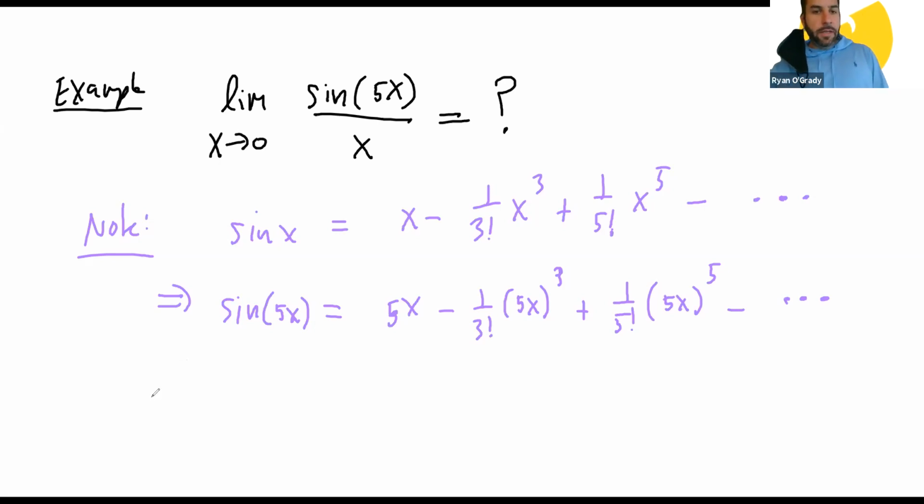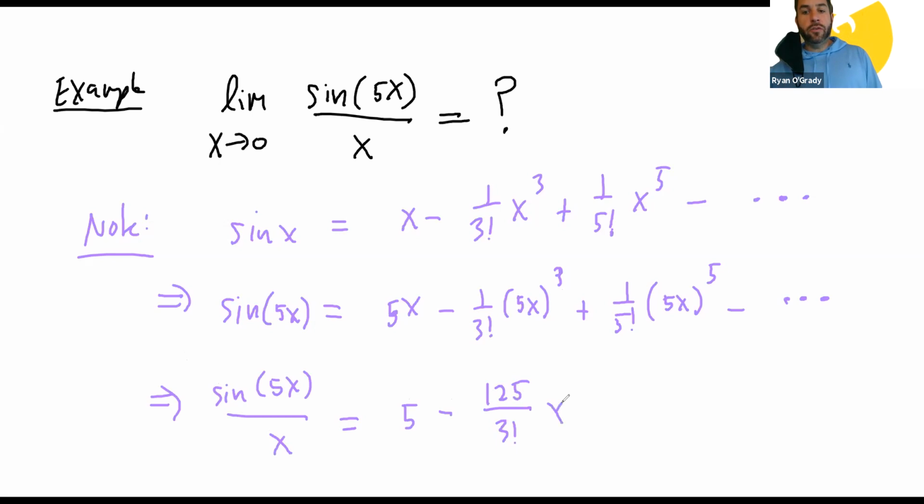Okay, so now if I take both sides and divide by x, I'm left with 5 minus, what's 5 cubed? Well, that's 125 over 3 factorial x squared plus 5 to the 5th. I don't know what it is, and I don't care, frankly. This becomes x to the 4th minus.